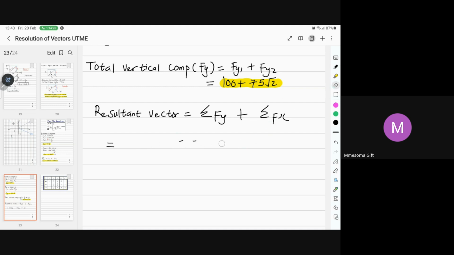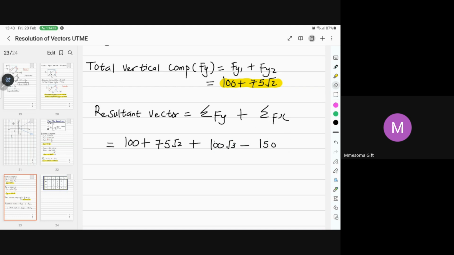I want to put it in order so that people don't get confused. So the sum of Fy is 100 plus 75 root 2, plus the other one, which is our x component, 100 root 3 minus 150 root 2. So when we bring them all together, are we there?